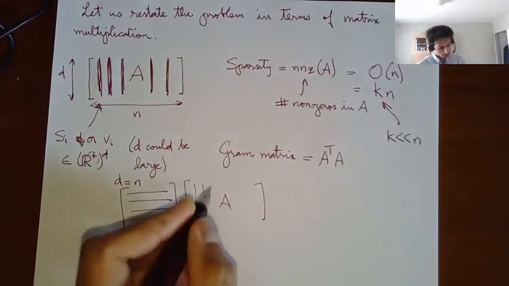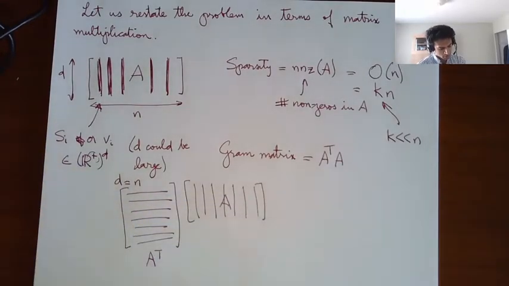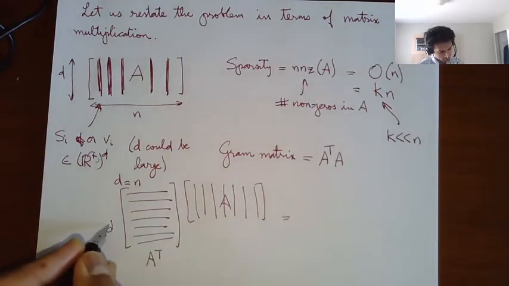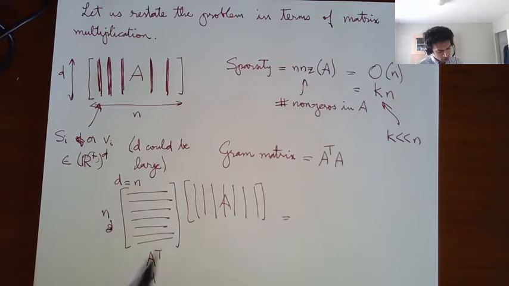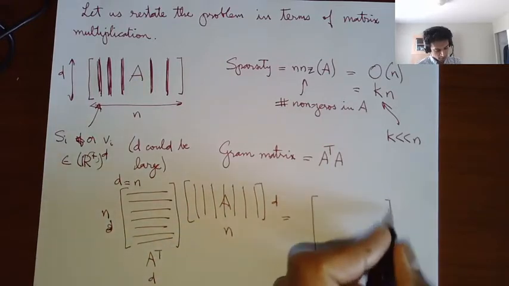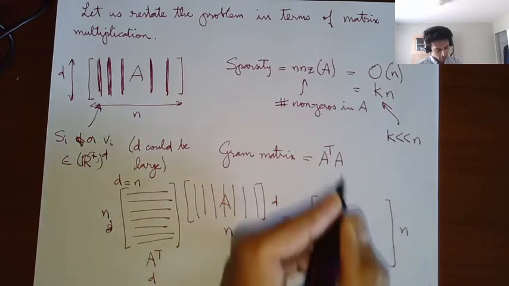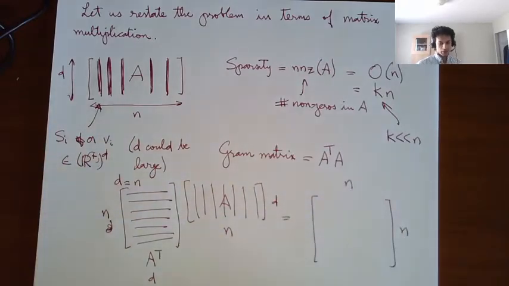In A, all the vectors are columns. So remember this is n, this is d, and this is d, and this is n. So if you look at this matrix, you get an n cross n matrix.